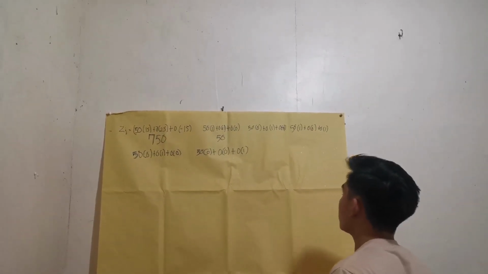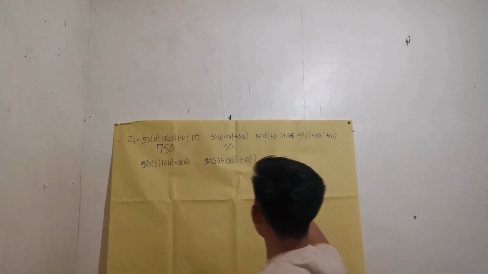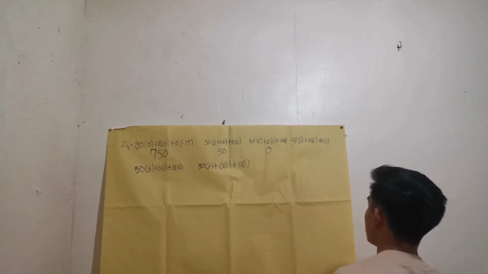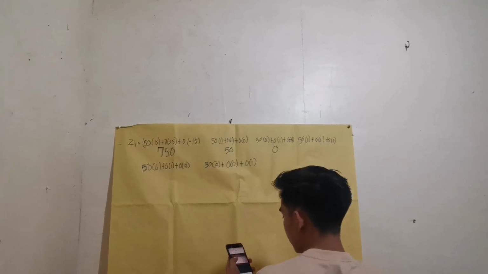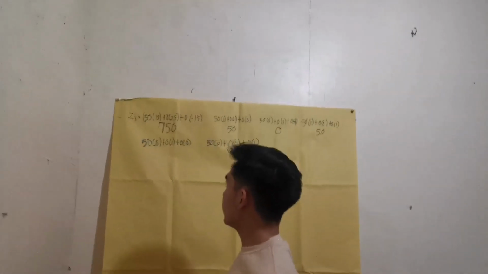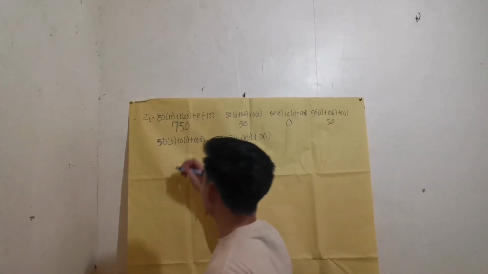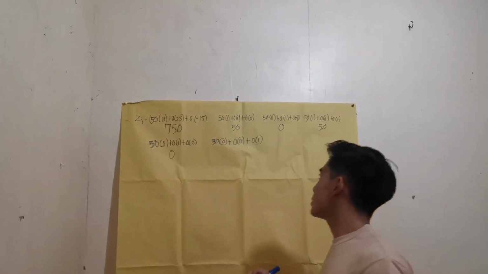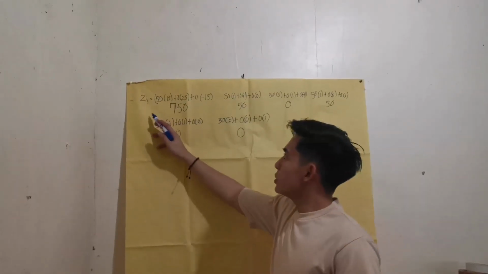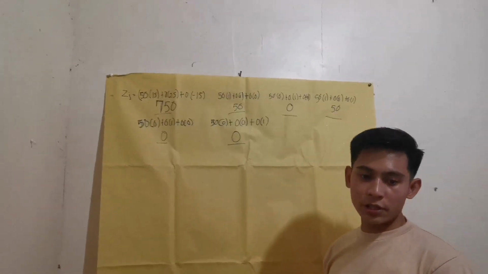Ito, 50 times 0, 0 plus 0 times 1 plus 0 times negative 1 is 0. 50 times 1 plus 0 times 0 plus 0 times 1 is 50. And dito is 50 times 0 plus 0 times 1 plus 0 times 0 is 0. 50 times 0, 0 times 0 plus 0 times 1 is 0. So yan na yung C sub J natin. Ito mga to. Yan yung C sub J.